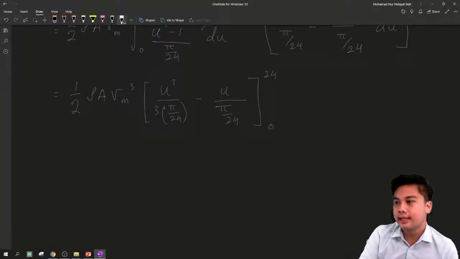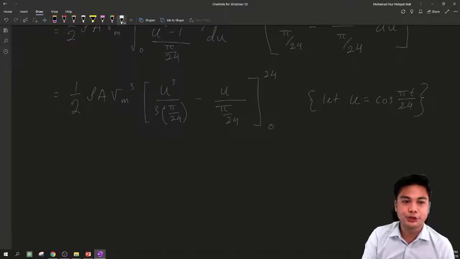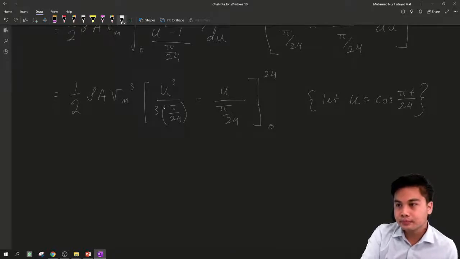We notice that previously we let u equal cos pi t over 24. Now we substitute back. And 3 with 24 we simplify, we get 8.